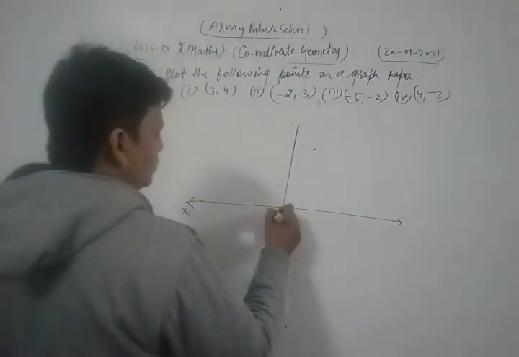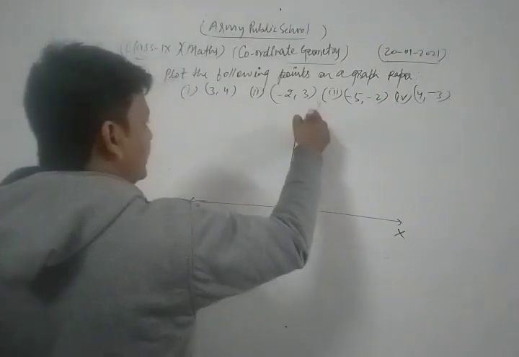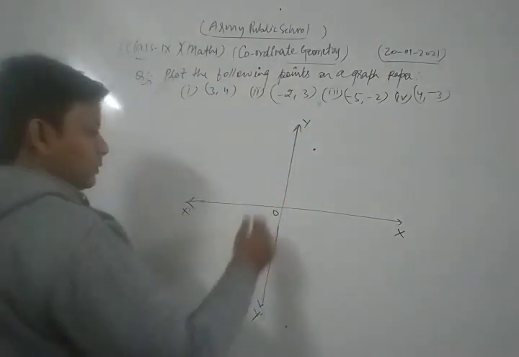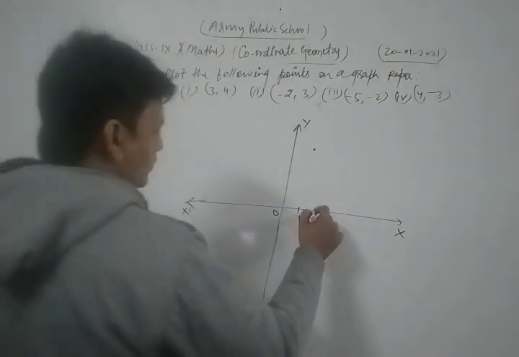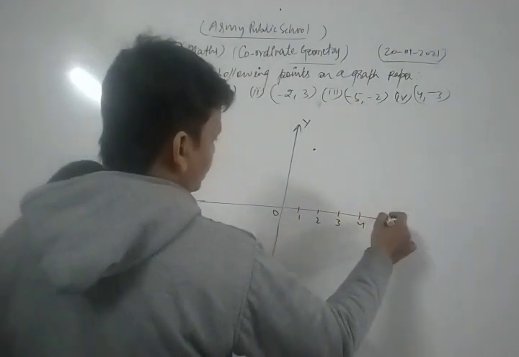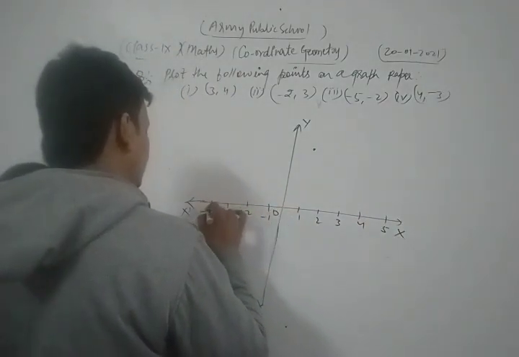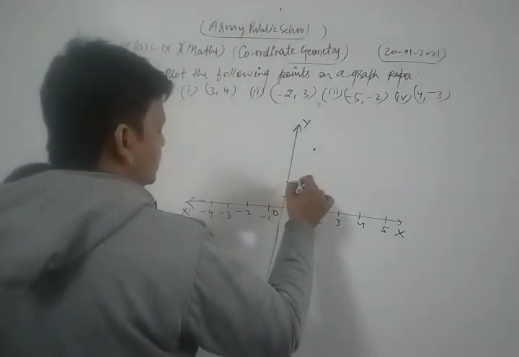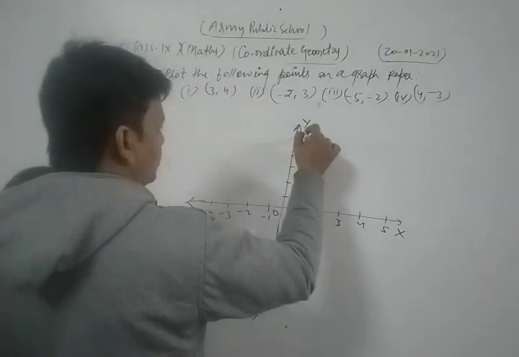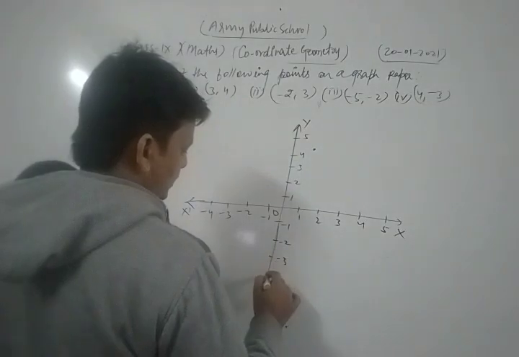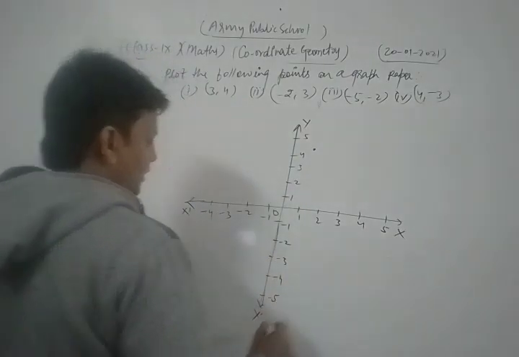This is X'OX and this is YOY', known as the x-axis and y-axis, and this is the positive side of x. So plus 1, plus 2, plus 3, plus 4, plus 5, and minus 1, minus 2, minus 3, minus 4, minus 5.